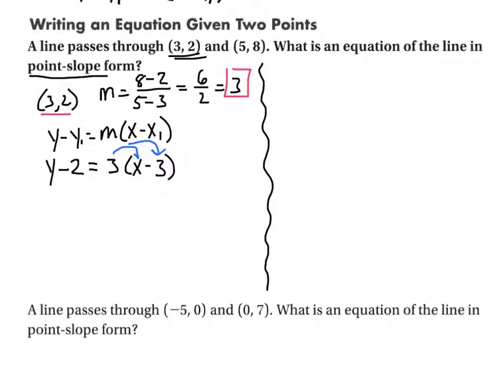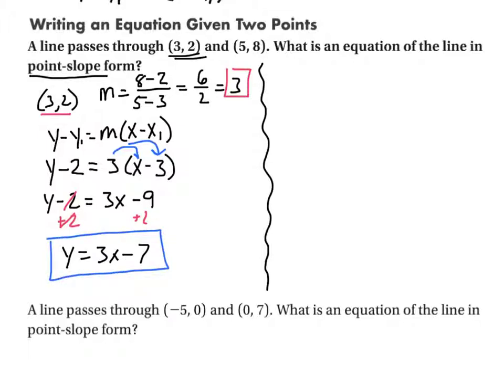We've got to distribute the 3. So we have 3x minus 9, and we've got to add 2 to both sides. So y equals 3x minus 7. There's the equation of our line. Questions on the process we did here?